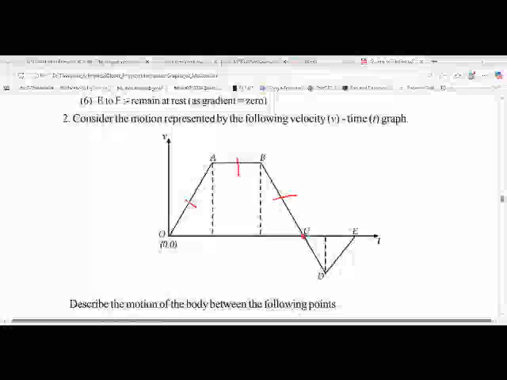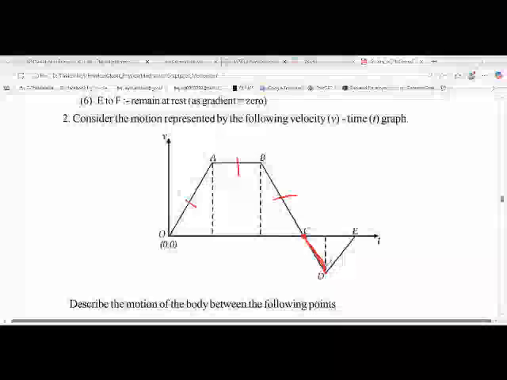After that, it is moving. This graph represents acceleration, but on the opposite side. There is a change in direction. Also, pay attention to this case. You can see this inclination is the same.